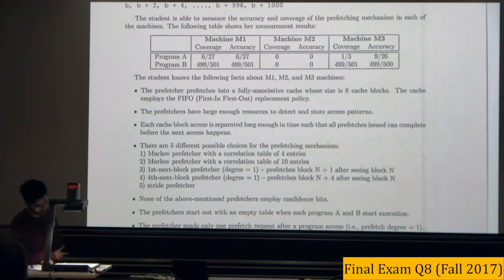Does this cache have both the actual accesses and the prefetched accesses? These 8 cache blocks will have, if we have A, A and A plus 4. I won't say that. It just says that it prefetches into a fully associative cache. Maybe you can think of it as a different cache, like a stream buffer or something.